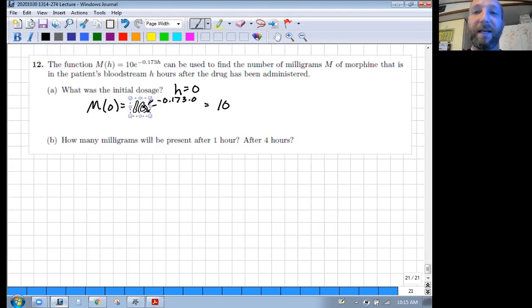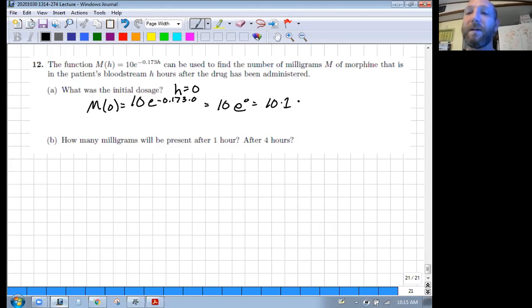I didn't mean to make e an exponent. 10 e to the 0 power, anything to the 0 power is 1, so it's just 10 milligrams. We can just look at it and go, okay, plug a 0 in here, we're just left with the 10. So we start off with 10 milligrams.